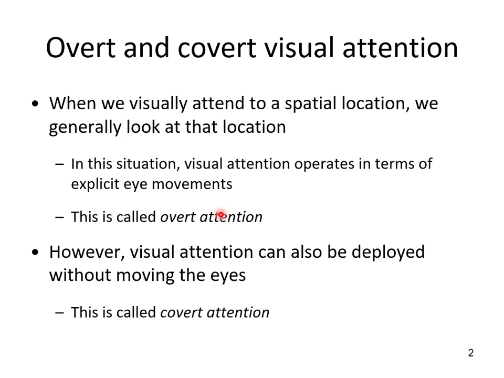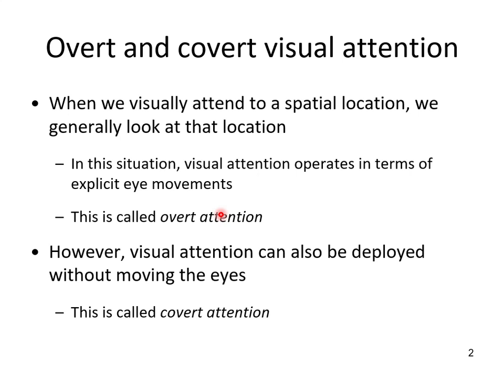However, if I keep my eyes still, if I do not move my eyes, can I still attend to, let's say, the left, or the right, or the top? Can I still do that without moving the eyes? That is not trivial, isn't it? So you need some study to figure out whether we can attend without moving our eyes.